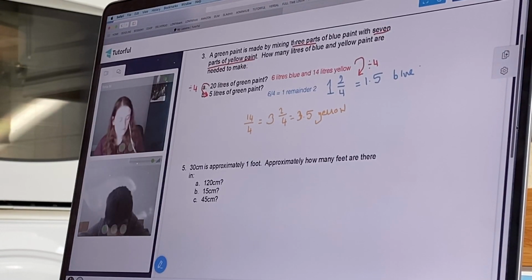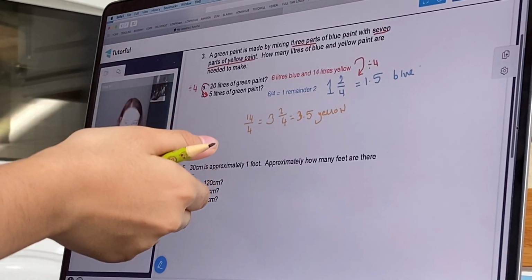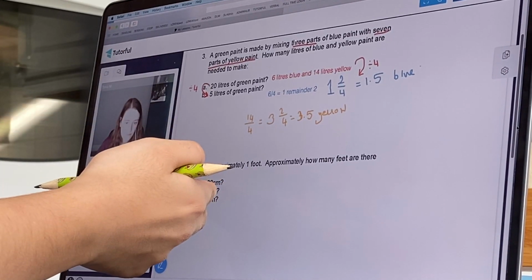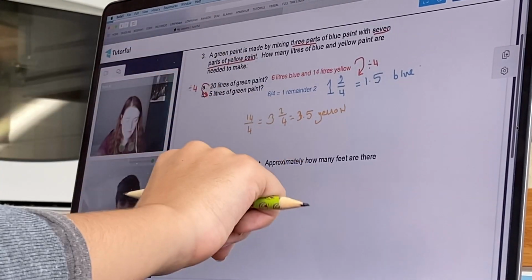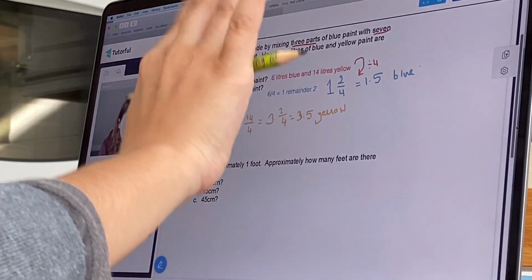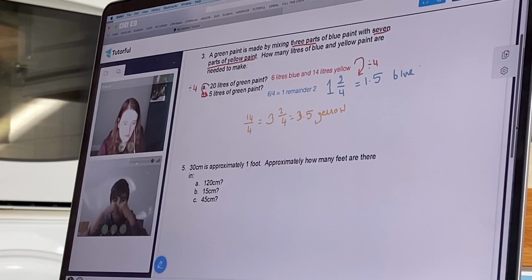Okay, so 30 centimetres is 1 foot. How many feet is 120? So for 30, you can multiply it by 4. 30 times 4 is 120. So how many feet is that? 4 feet, yeah.